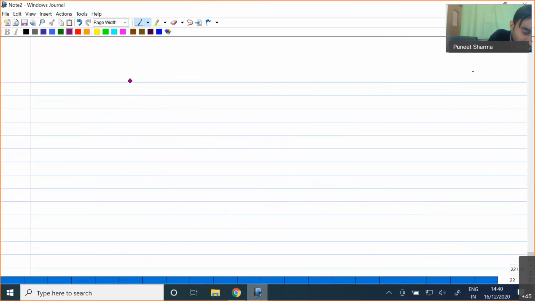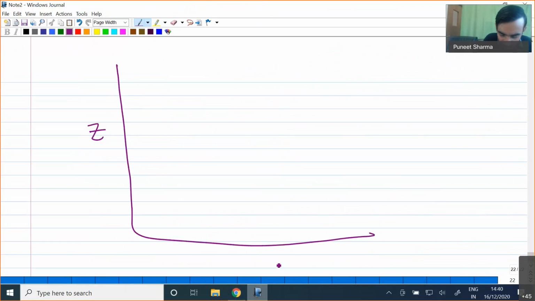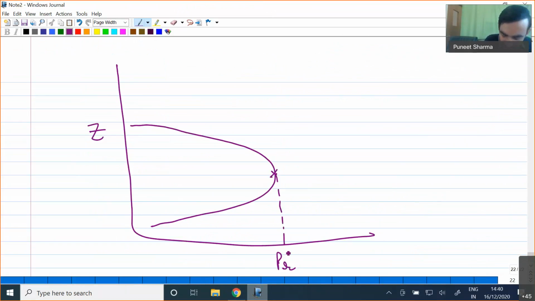If I draw over here the compressibility chart, Z versus P reduced, and say this is my liquid vapor dome, this is my critical point for which P reduced is 1, and whatever temperature line passes through this point is also TR equal to 1.